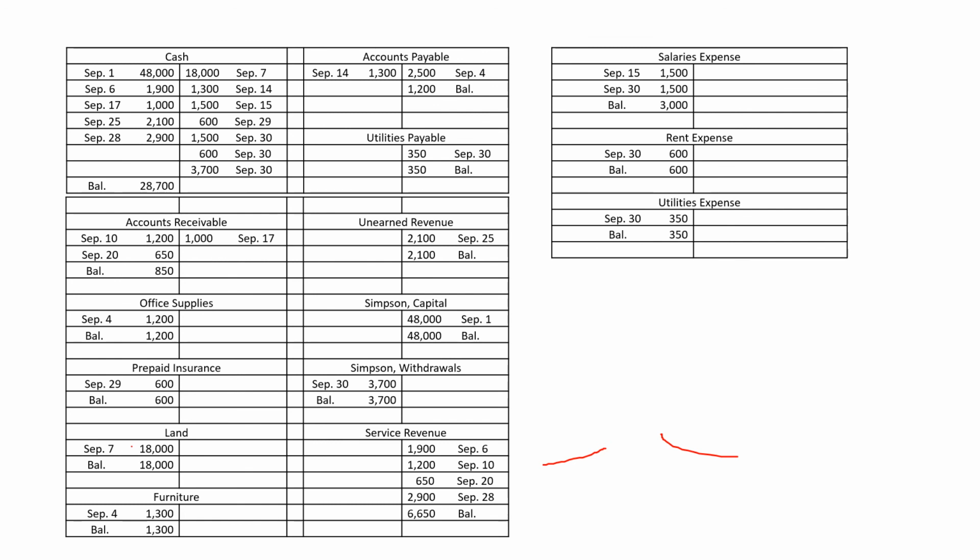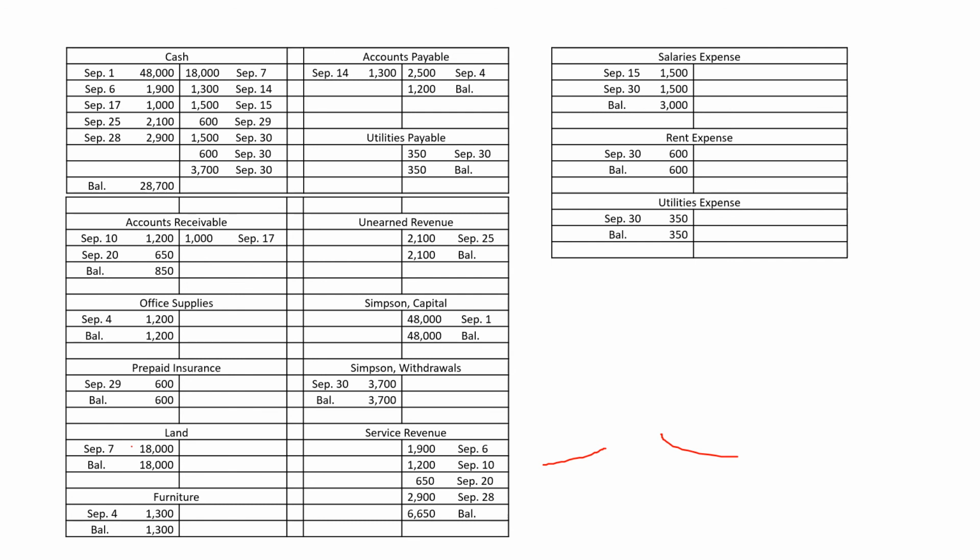The next journal entry. On the debit side of accounts payable, $1,300 on September 14th. On the credit side of the cash T account, put $1,300 and the September 14th. On the 15th, debit side of salaries expense, $1,500. Credit side of cash, $1,500.